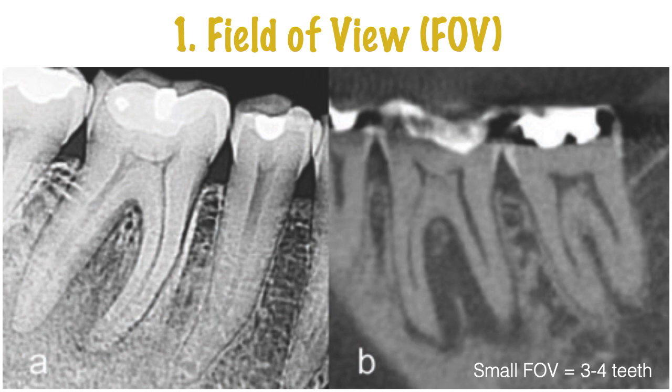The image on the right and the image on the left are of the same teeth. You see that the CBCT scan is kind of flipped, and this is the way the image is. So it's quadrant 4: teeth 45, 46, 47, and the same teeth on the CBCT. The difference we notice is in the furcation area of 46.